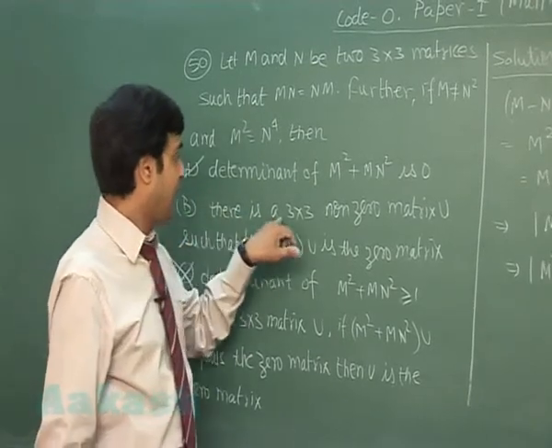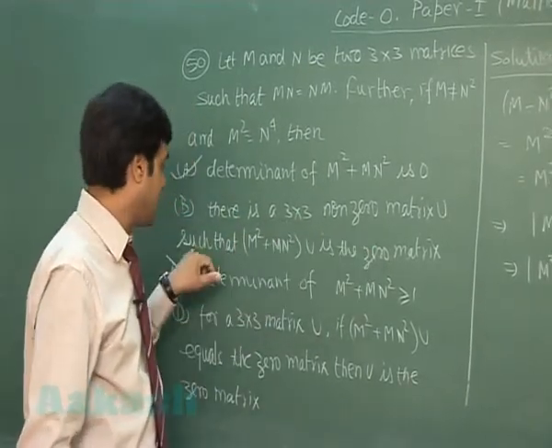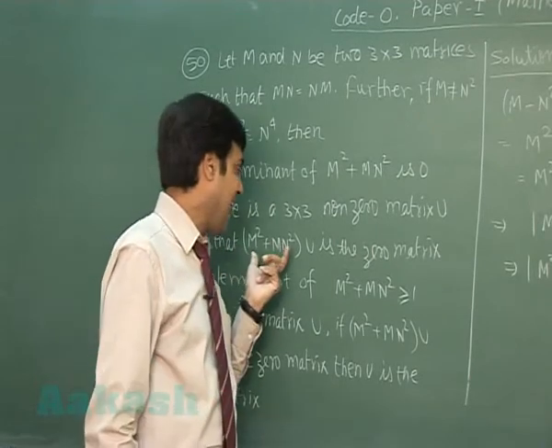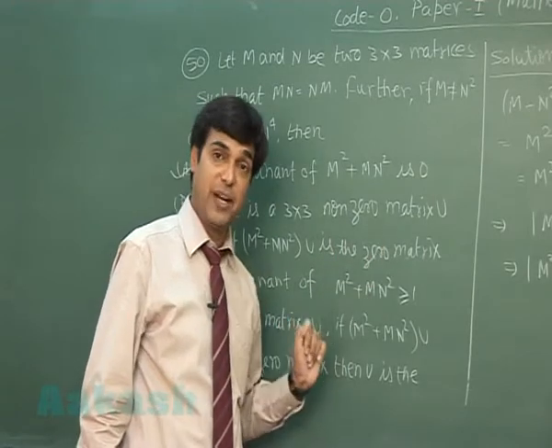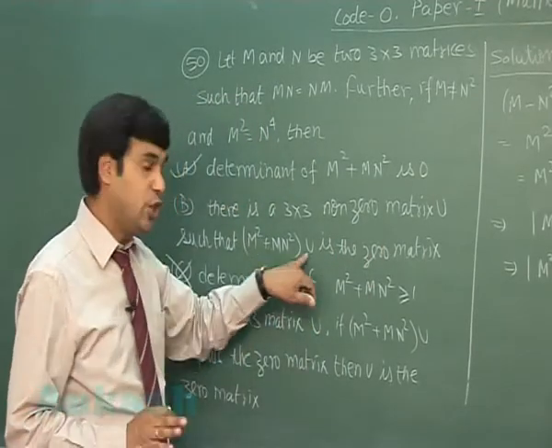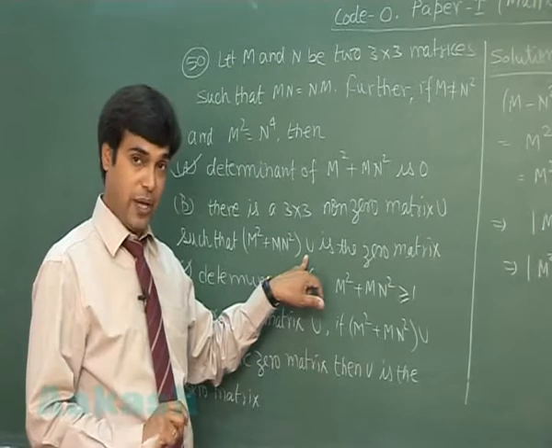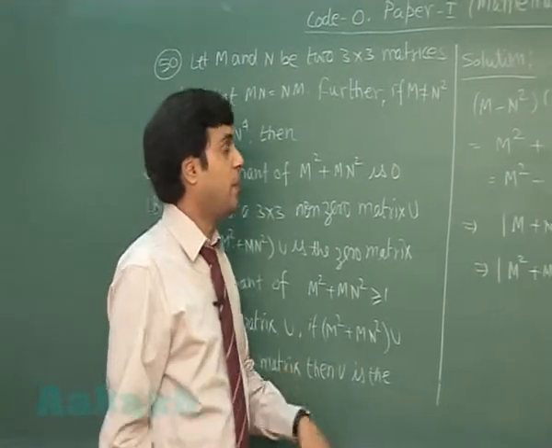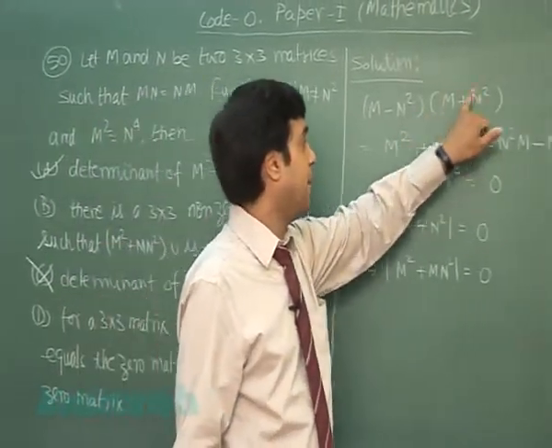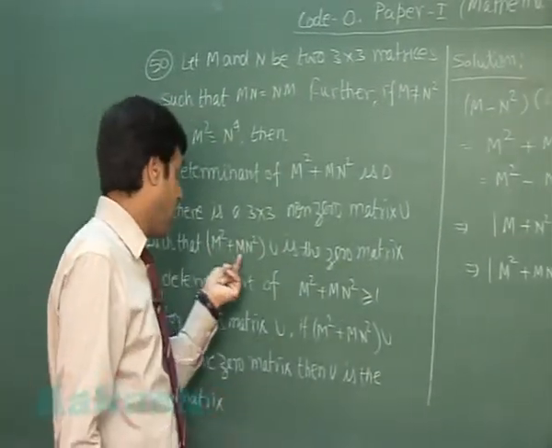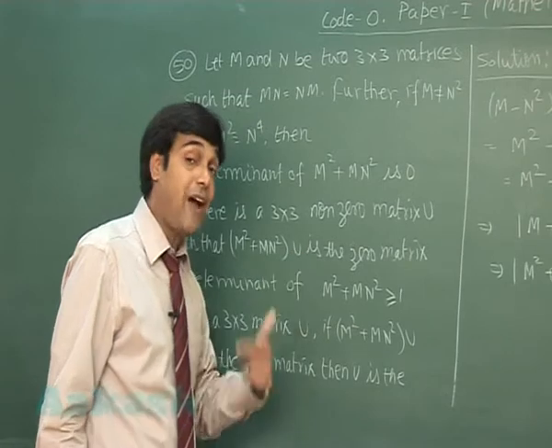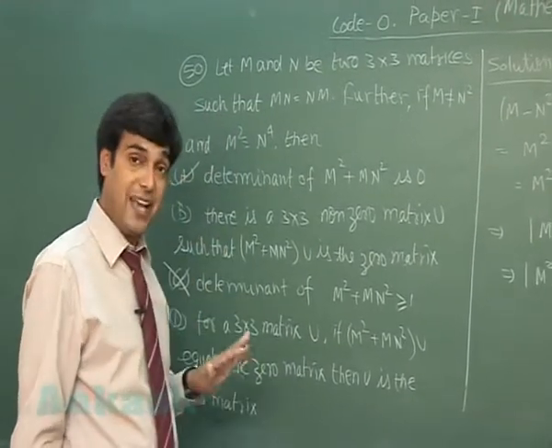Second, there is a 3 by 3 non-zero matrix U such that the product (M square plus N square) into U is a zero matrix. Let's consider U as M minus N square. It is known to me that the product of M minus N square and M plus N square is null. So I can see that the product of these two will become null if I take U as M minus N square.